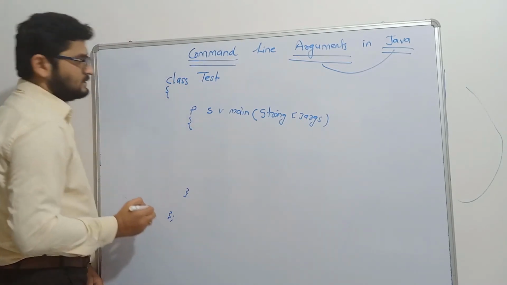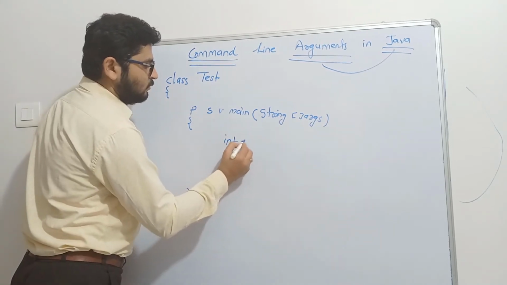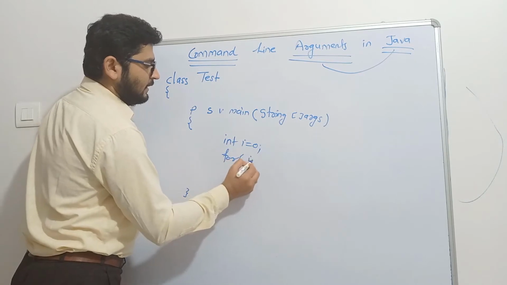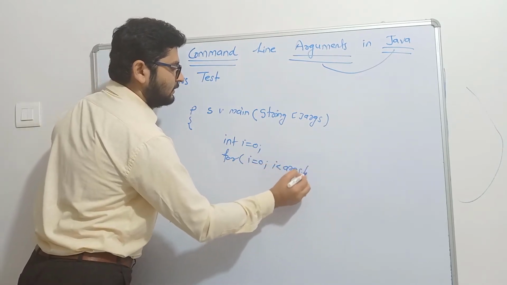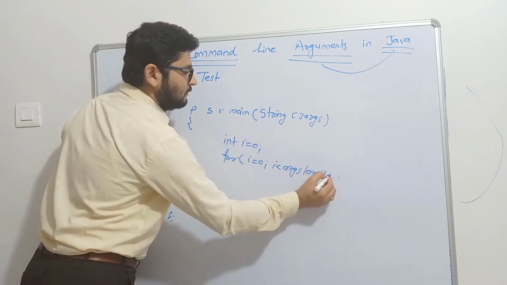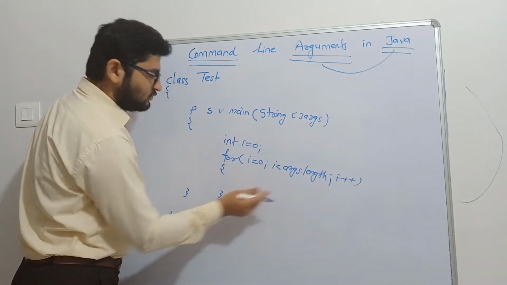Now in this we are going to declare one int variable i equal to 0, and then I am going to give one for loop, i less than args.length, i plus plus.